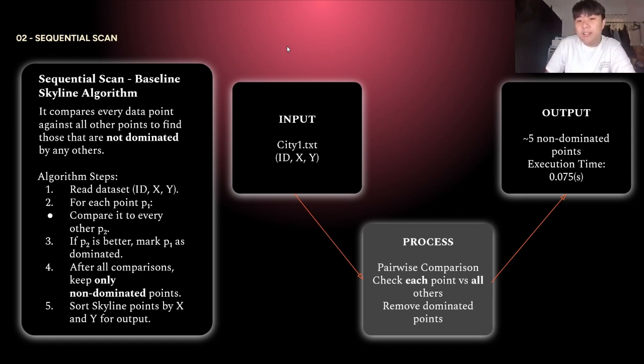In essence, it's like finding the tallest person in a city without grouping people by neighborhood; it can be very slow when comparing against the whole city. So the whole process is inputting the dataset, doing a pairwise comparison, and then outputting the non-dominated points.